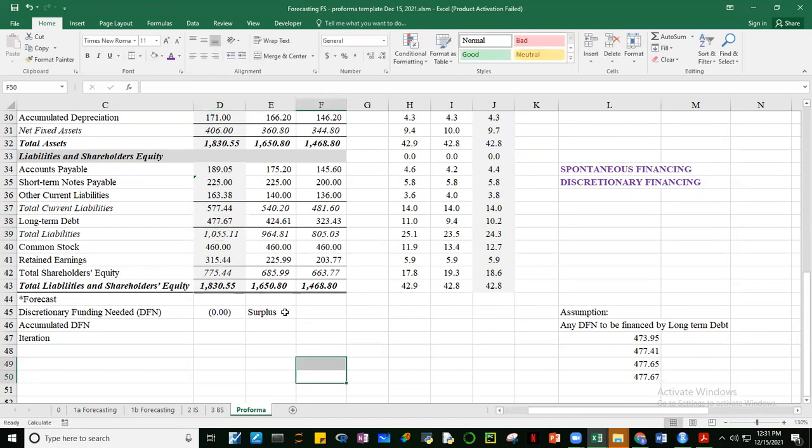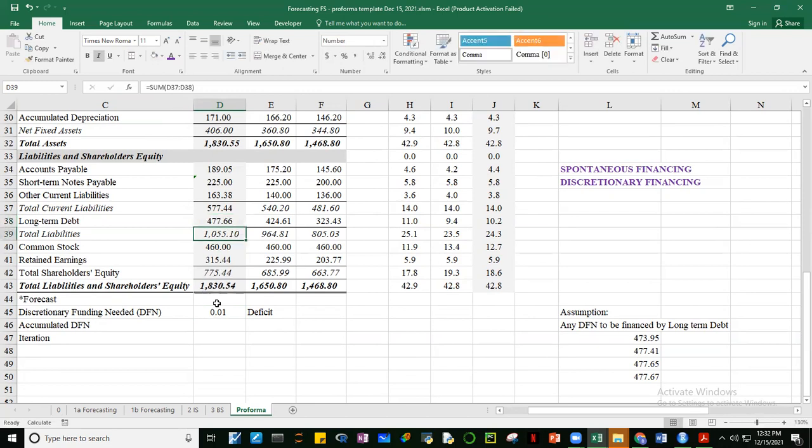Ayun, medyo nag-surplus na siya. Sumobra na ng konti. So siguro para bawasan natin, 477.65 gawin natin, 477.655. Bawasan lang natin ng konti. Okay, may konti pa. Kung gusto talaga natin na mag-zero out na siya, mahihirapan tayo. 66 kaya?